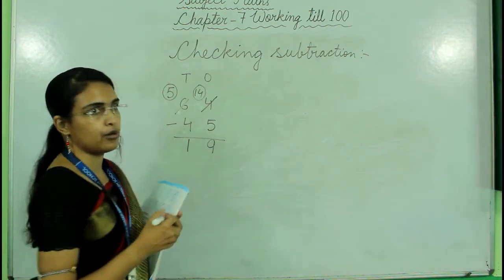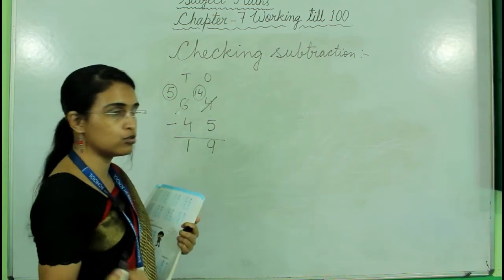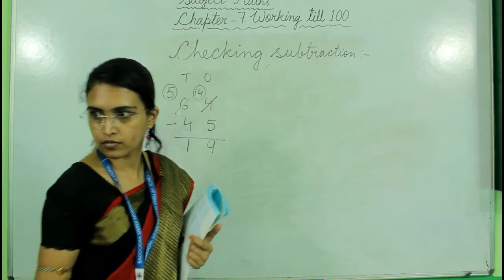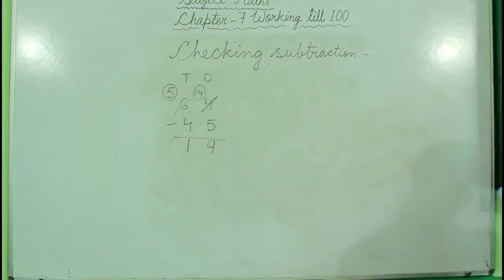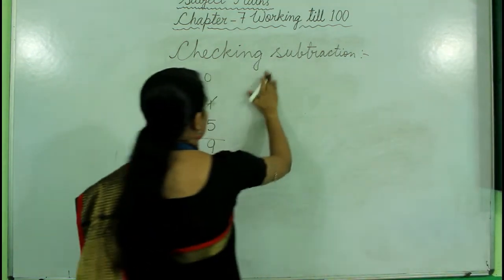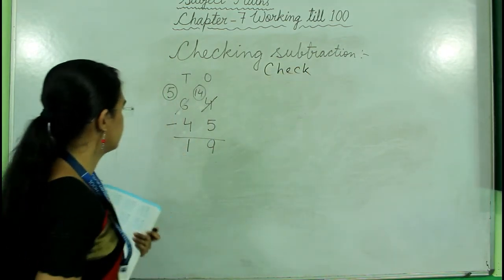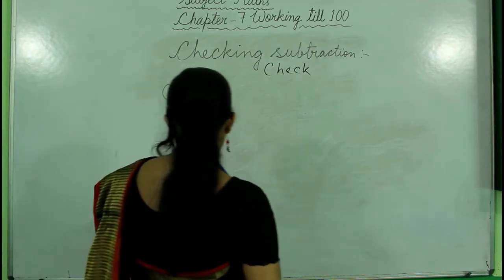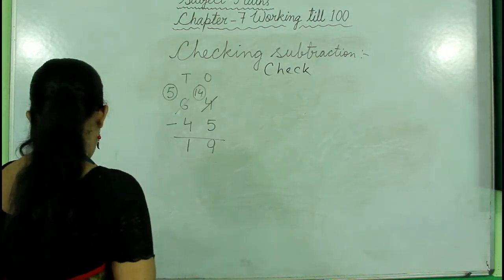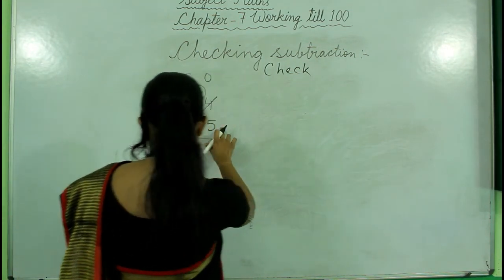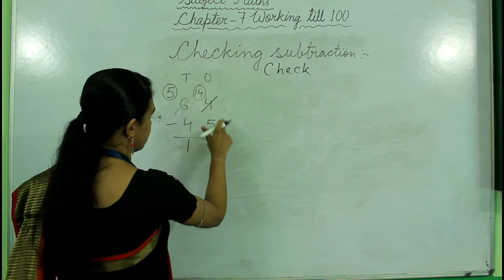By checking. And for checking, what do we have to do? First, I have to write check. Then we have to write this second number.